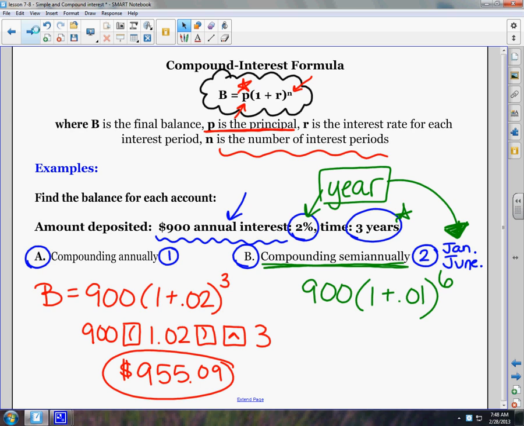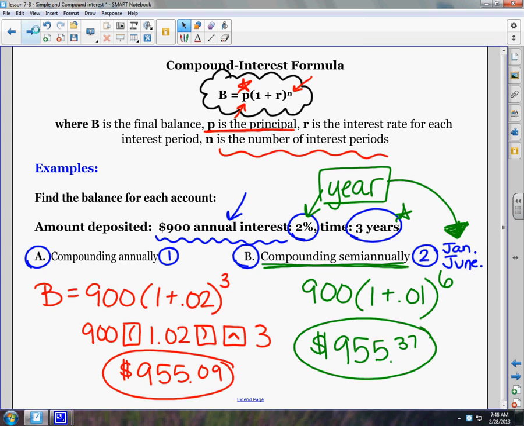It's going to compound 6 times over 3 years because it's twice a year. So twice for 1 year, and then twice for the second year, and twice for the third year. So then I do 900 times 1.01 to the 6th power. And for this one, I get $955.37.